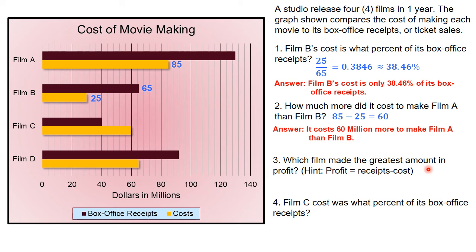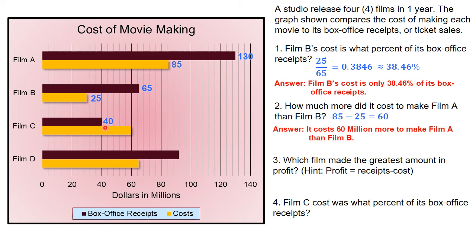Number 3, which film made the greatest amount in profit? The hint is there. The profit is equal to receipt minus cost. So we have box office receipt minus cost. We'll move here one by one. On film A, we have 130 million for the box office receipt minus 85. But before that, we are going to complete all of them so that we can compute all together.